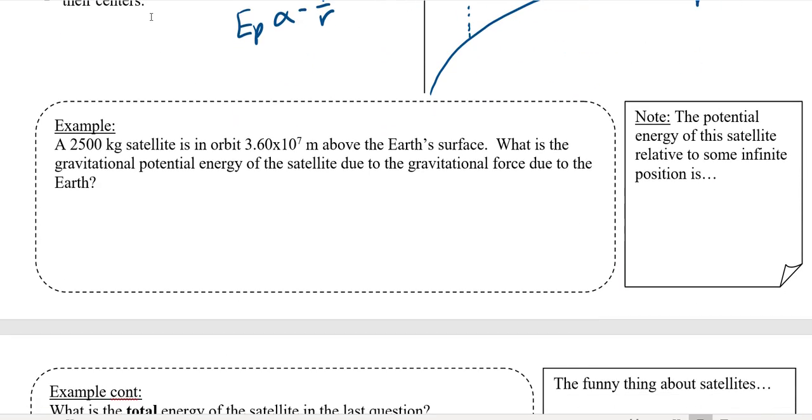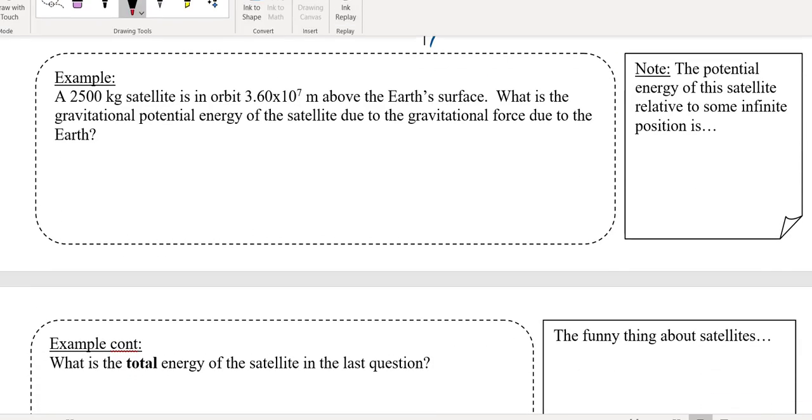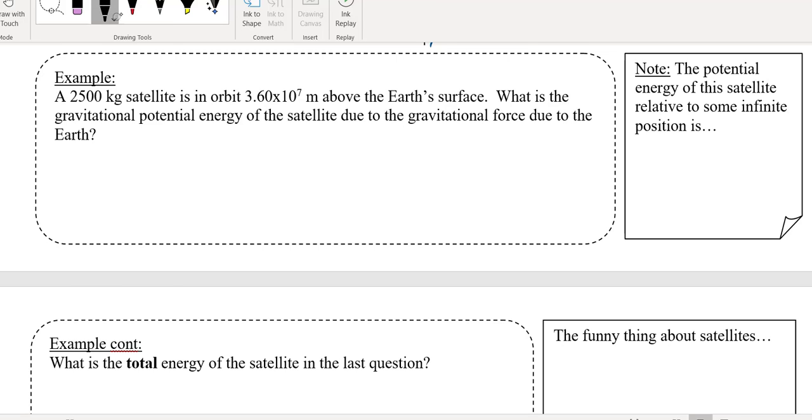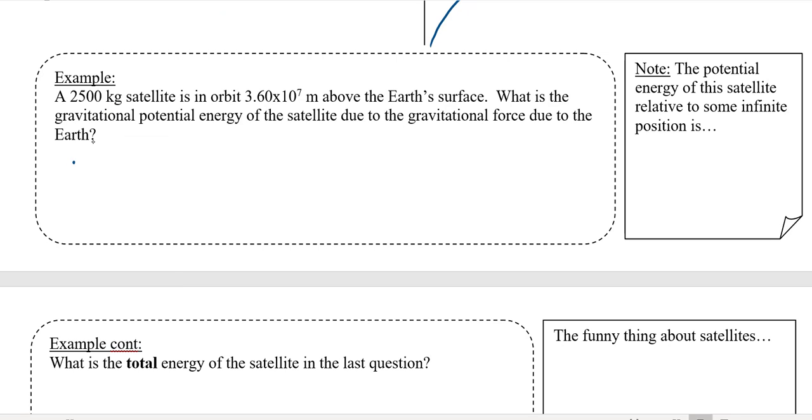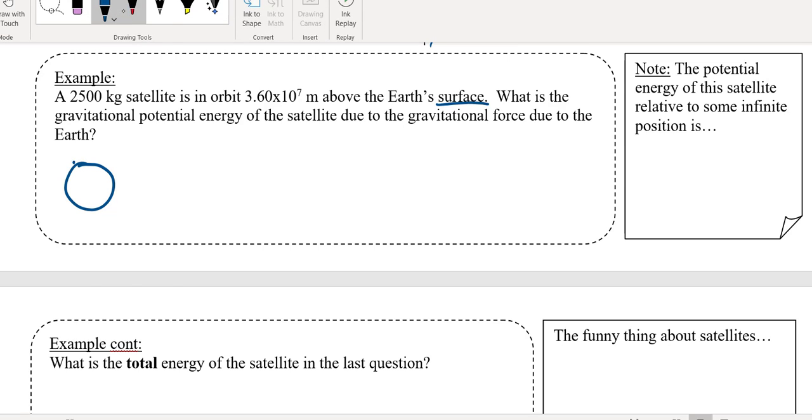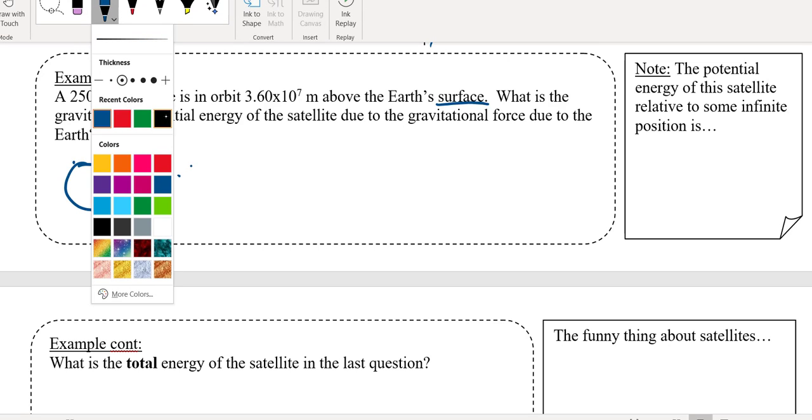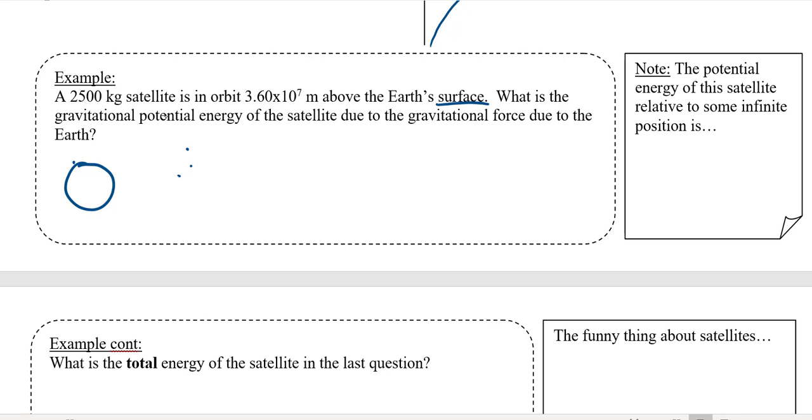Okay, let's do a bunch of calculations and just see how this pans out. So a satellite is in orbit 3.6 times 10 to the 7 meters above Earth's surface. Let's just be really clear about that. Above Earth's surface. So I've got a satellite, and there's my little satellite.